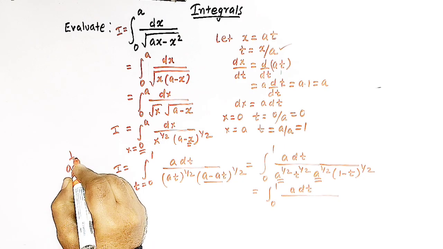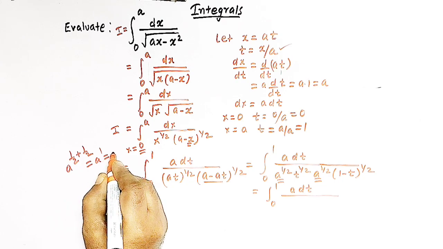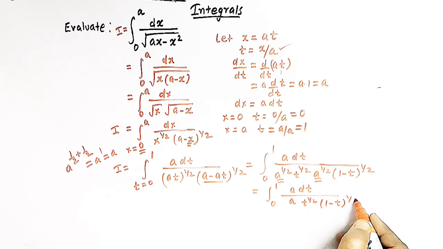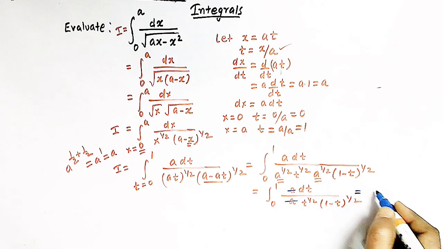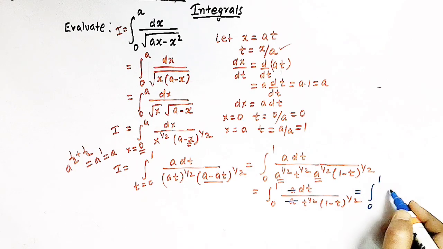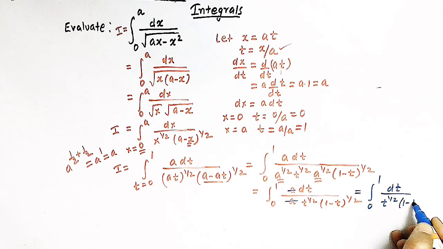So this is a raised to half plus half, that is a raised to 1, that is a. So here we have a, and here we have t raised to half times (1 minus t) raised to half. So now we can cancel this a and this a. So we are now left with 0 to 1, and here we have dt over t raised to half and (1 minus t) raised to half, right?